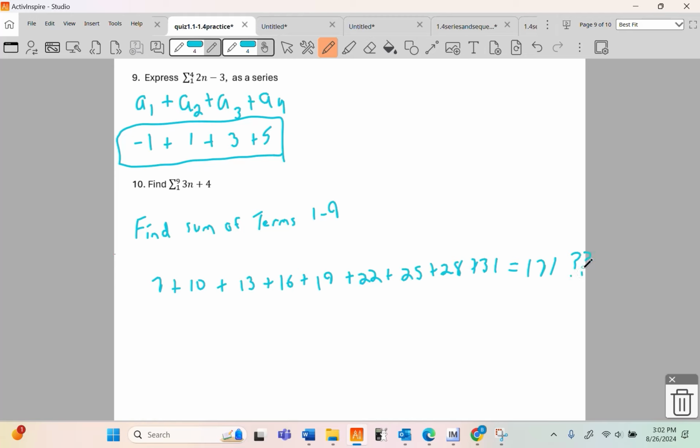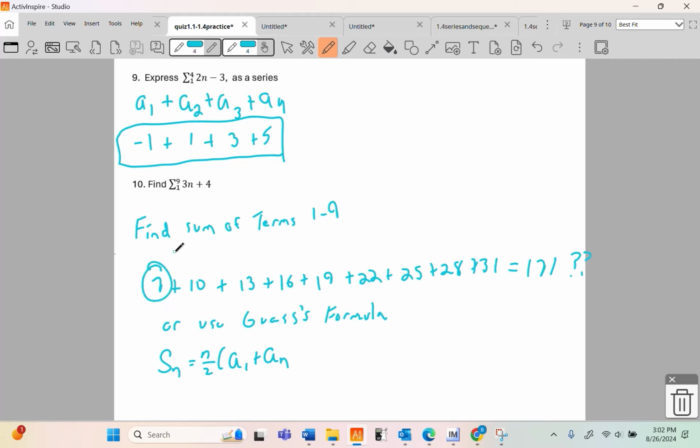Or you can use that little formula that Gauss gave us. Carl Friedrich Gauss, G-A-U-S-S. And his formula says the sum of n things is n over 2 times the first term plus the last term.